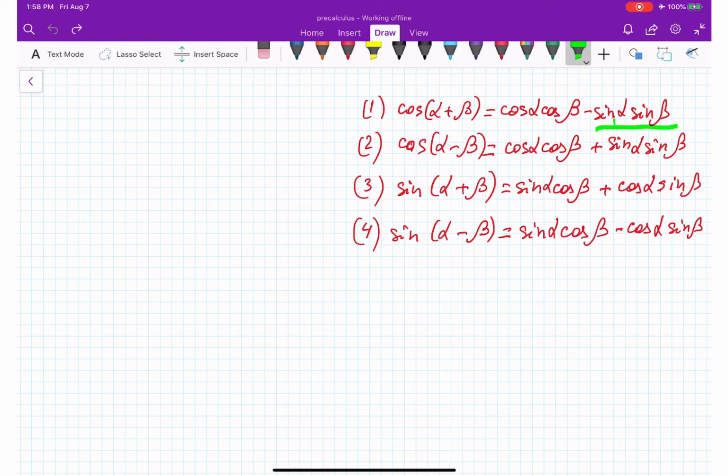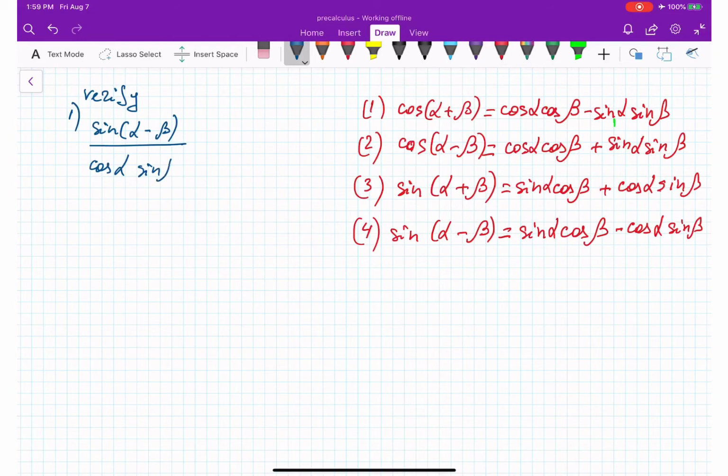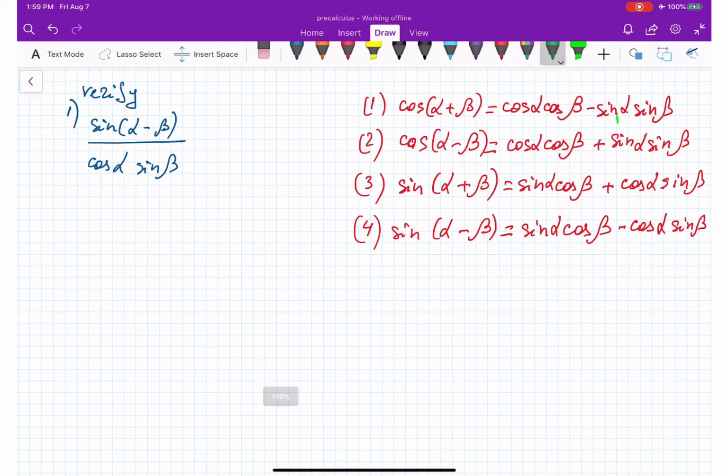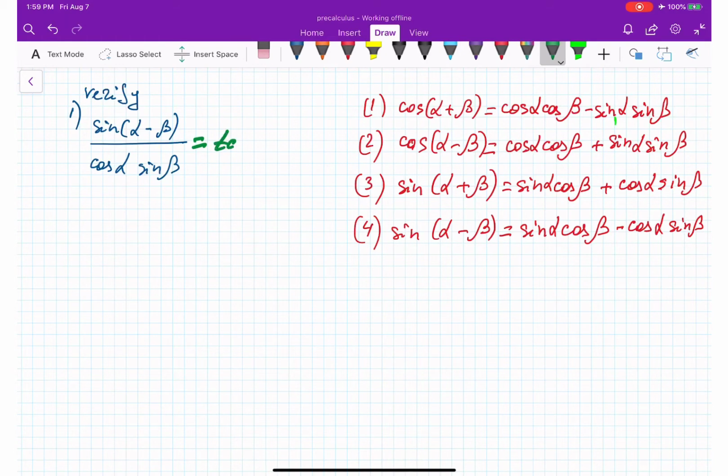Okay, all right, so let's start working. First problem, we are going to verify that sine of alpha minus beta over cosine alpha sine beta is equal to tangent alpha cotangent beta minus 1.